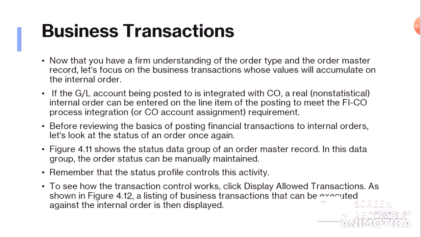Remember that the status profile controls this activity. To see how the transaction control works, click Display Allowed Transactions as shown in the figure. A listing of business transactions that can be executed against this internal order is then displayed.